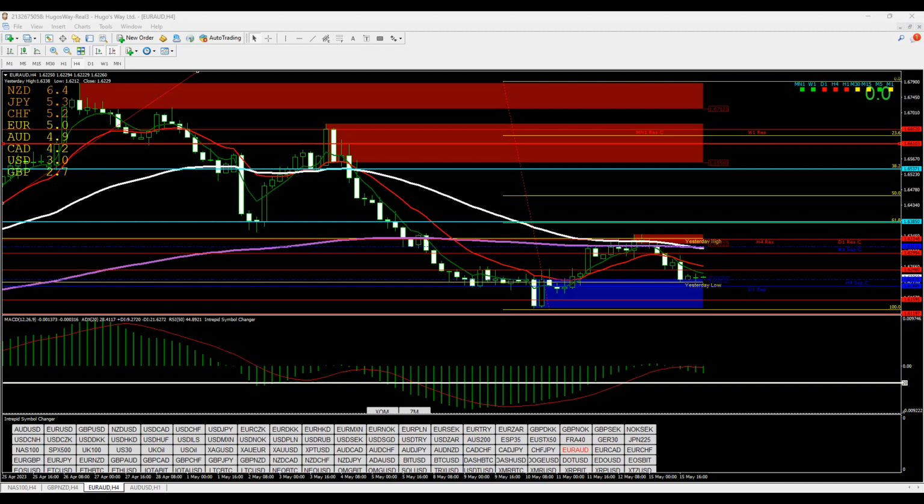Okay? So in this case, let's just look at this case. Look at this trend line all the way over here. We did this trend line around the 27th to 28th of April. And look at price. It has steadily come down.